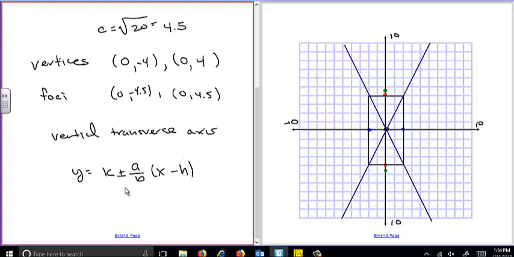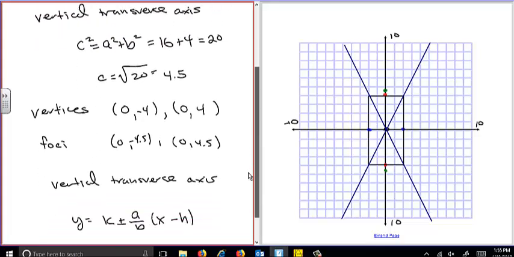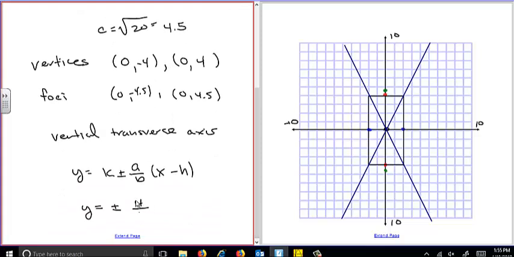So again, k and h are 0. So you get y is equal to plus or minus a is 4, b is 2, x, h is 0. So we get plus or minus 2x. So that's the equation for the asymptotes.